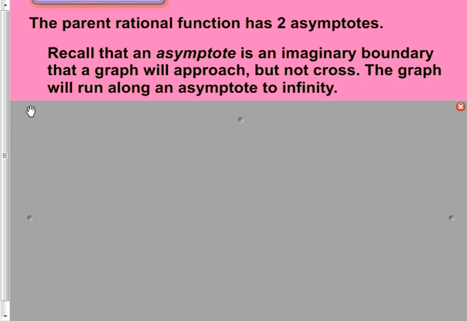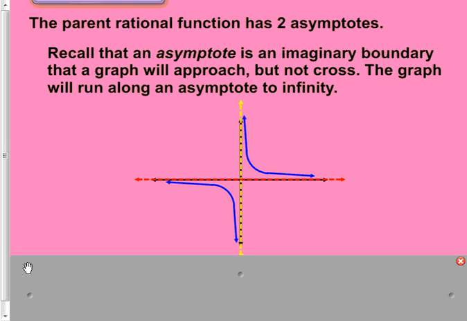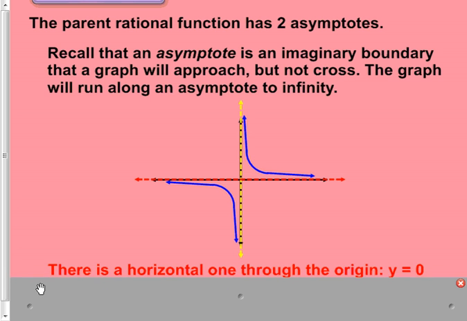And if we look back at the graph that we were just seeing on the parent rational function, you can see that there are actually two asymptotes that are inherent to the parent rational function. In its standard position, there is a horizontal asymptote that passes through the origin.